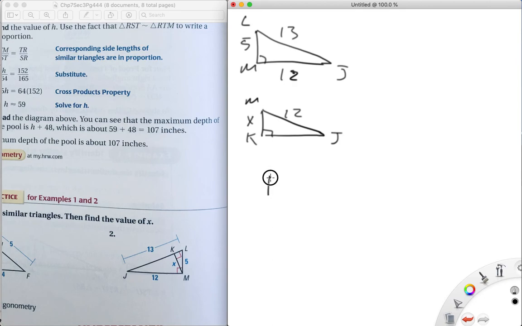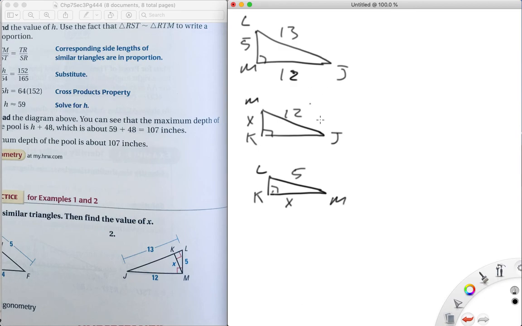And then the small triangle. This X was the shortest leg, which is now the longest leg of the small triangle. So it's X over here. Here's my K, this one is L, and that's M. L to M is the hypotenuse, which is 5.